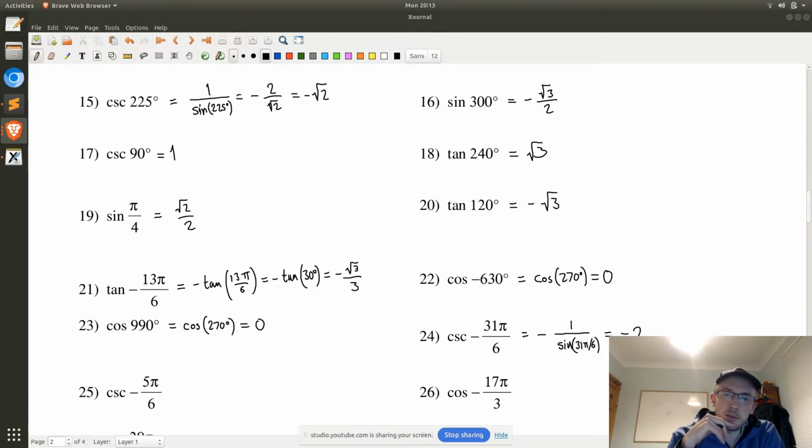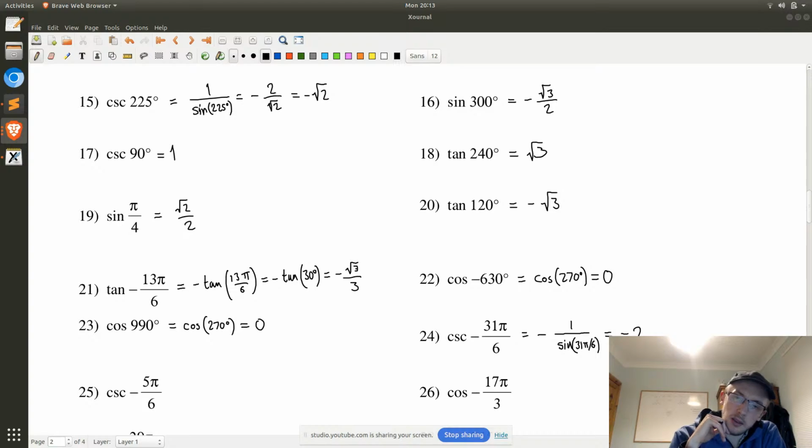Cosecant of negative 31 pi over 6. That is indeed 1 over sine of negative 31 pi over 6. And sine of negative x is indeed the negative of sine of x. So what has gone wrong here? Oh, of course.